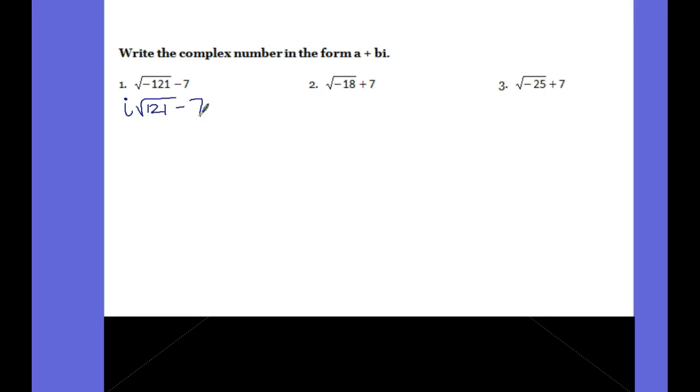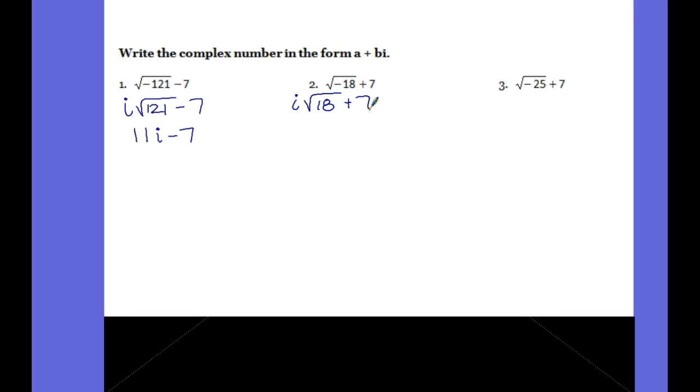What is the square root of 121? Okay, let's simplify this one step further. This is 11I minus 7. The square root of negative 18 becomes rewritten as I, square root of 18 plus 7. 18 divides by what perfect square? 9.